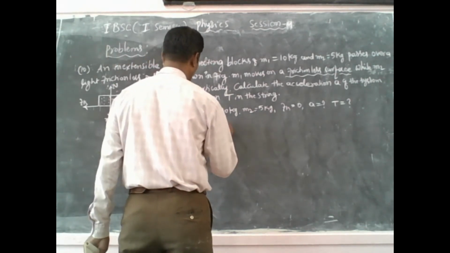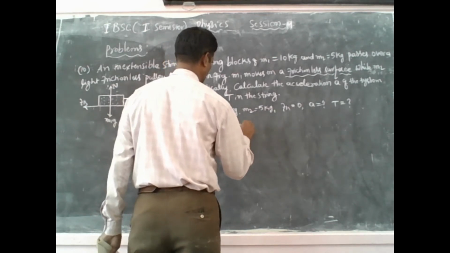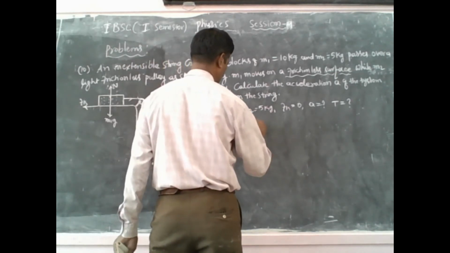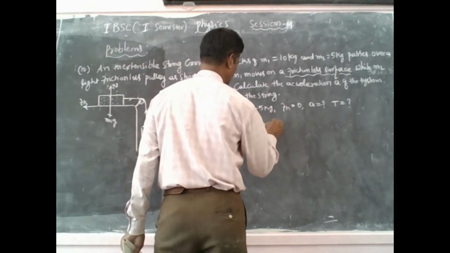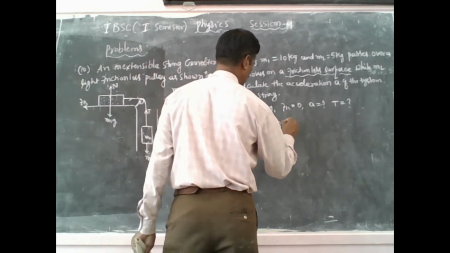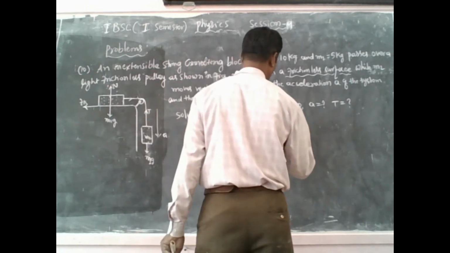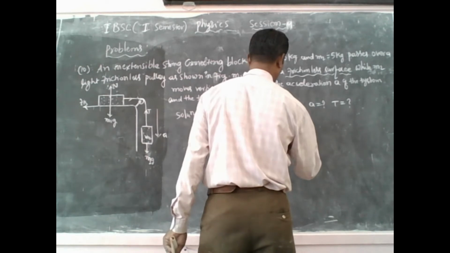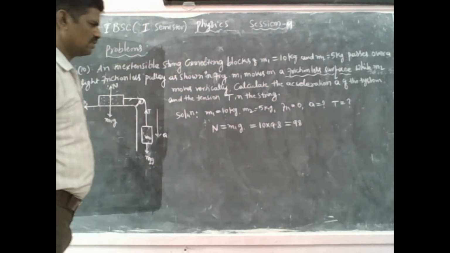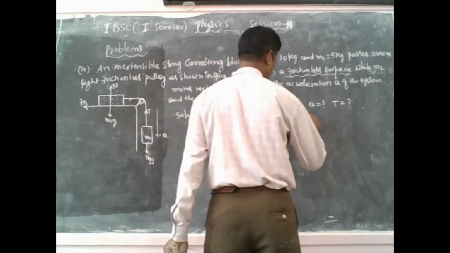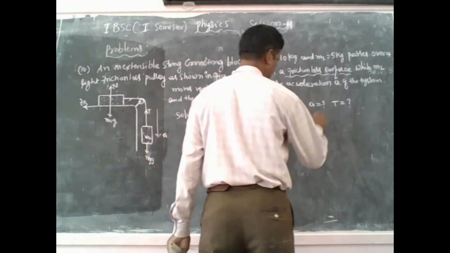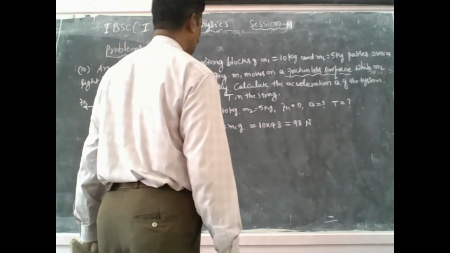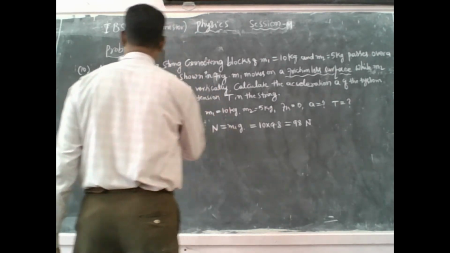Therefore N equals M1g, and therefore 10 into 9.8 is equal to 98 Newton. Reaction is also a force, that's why 98 Newton is there.